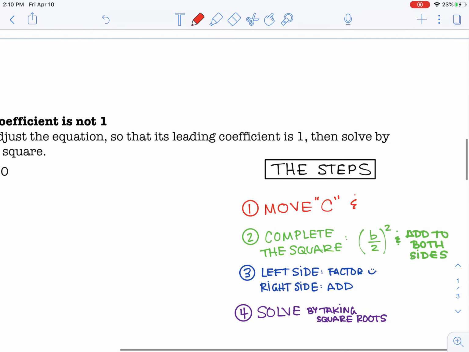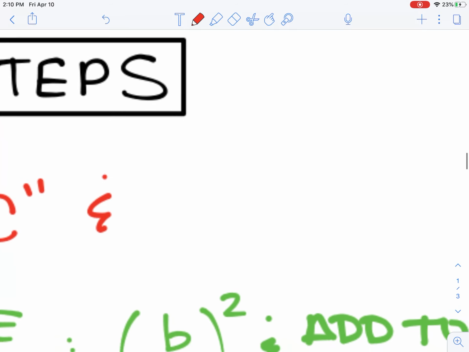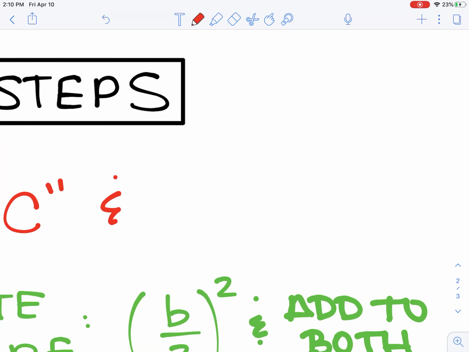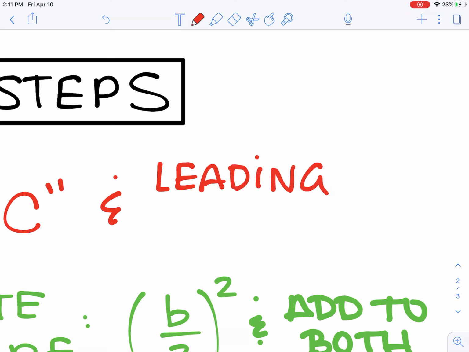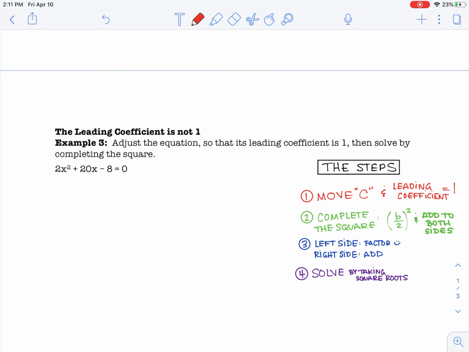And that is this. To set up this problem for completing the square, or any quadratic, not only do you need to move c, but you need your leading coefficient to equal 1. And this is where this method can get kind of messy.